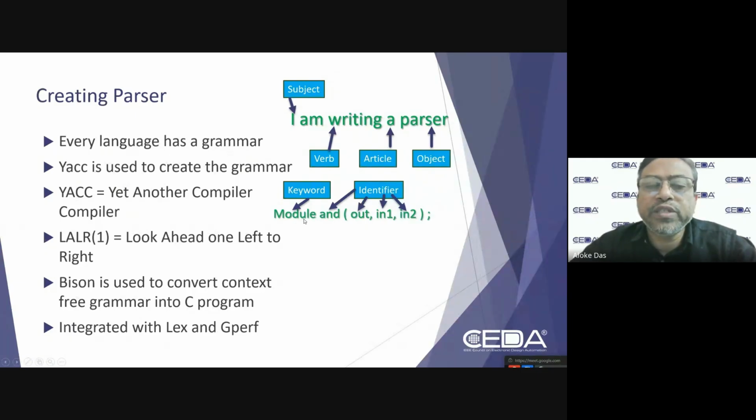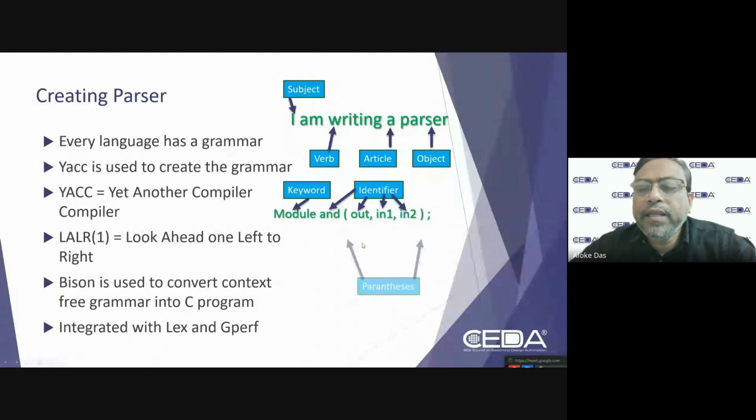Module is also the same, a bunch of characters. These are basically called strings. The strings which are not keywords are called identifiers. Basically they are names. This is the name of a module, this is the name of a port connection, like that.